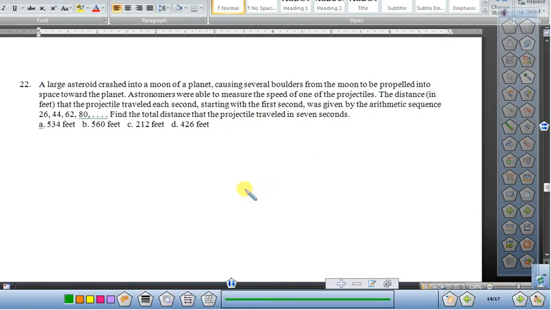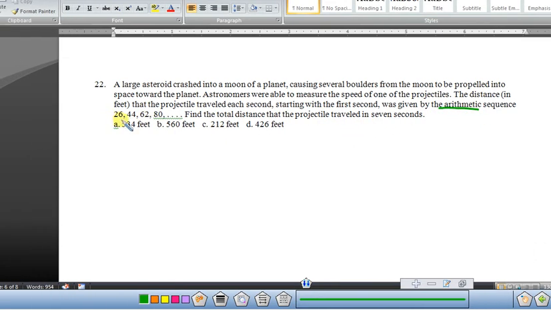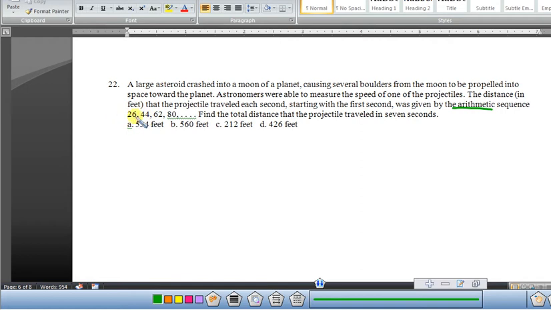And number 22, we have an arithmetic sequence, and basically this is the path of a projectile, and it's going from 26 to 44 to 62. We know it is arithmetic, and we know that we're going to find the sum here.